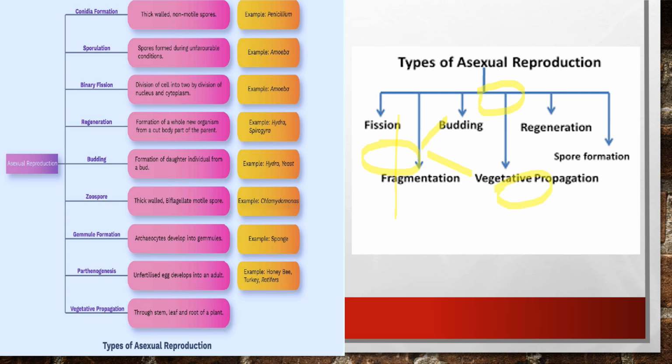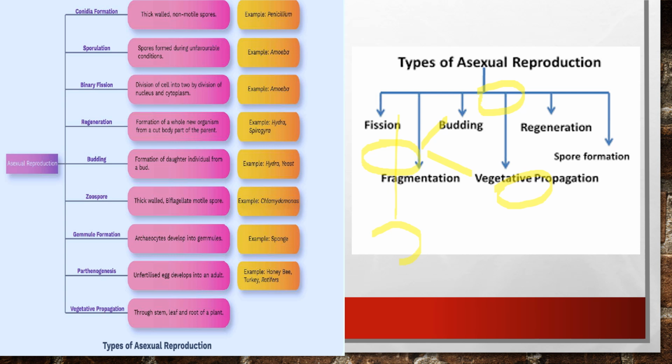It is seen in bacteria. Generally, bacteria mostly reproduce by this binary fission, and amoeba also show this type of reproduction. Their cells divide into two to form two cells. That condition is called binary fission.